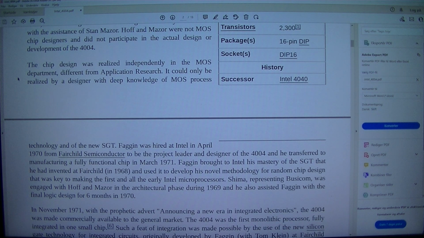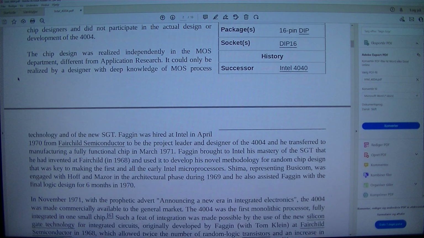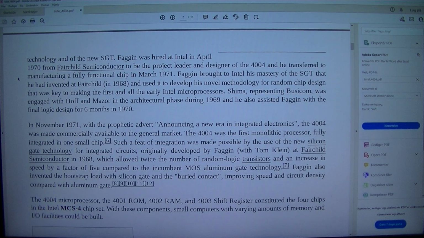The chip design was realized independently in the Mohs department, different from application research. It could only be realized by a designer with deep knowledge of Mohs process technology and of the new SGT. Fagin was hired at Intel in April 1970 from Fairchild Semiconductor to be the project leader and designer of the 4004, and he transferred to manufacturing a fully functional chip in March 1971.